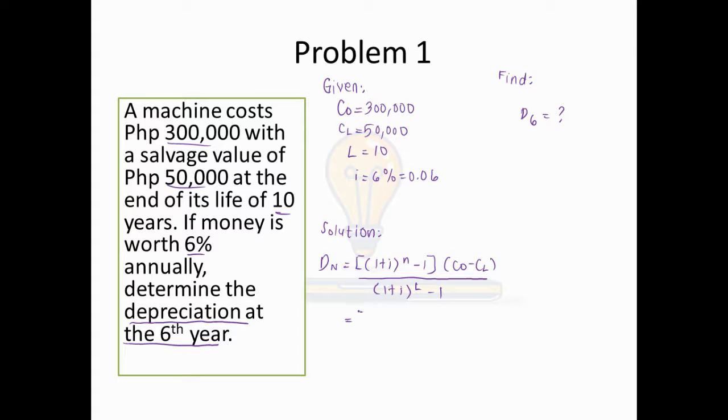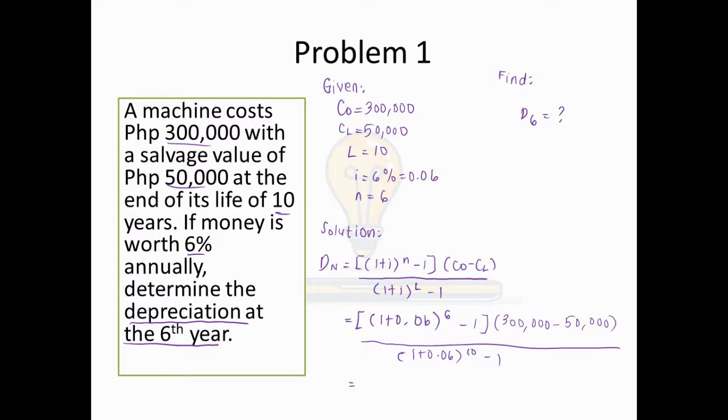So substituting the given values, we have 1 plus 0.06 or 6% raised to N, which will be 6 since it's the 6th year, so raised to 6 and then minus 1, multiplied by the initial cost of 300,000 pesos minus the salvage value 50,000 pesos all over 1 plus 0.06 for the interest raised to its lifetime of 10 years minus 1.